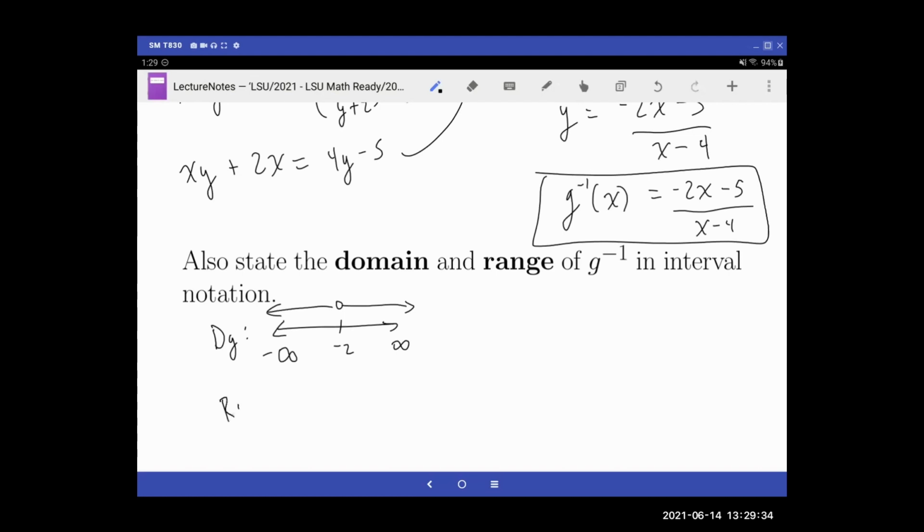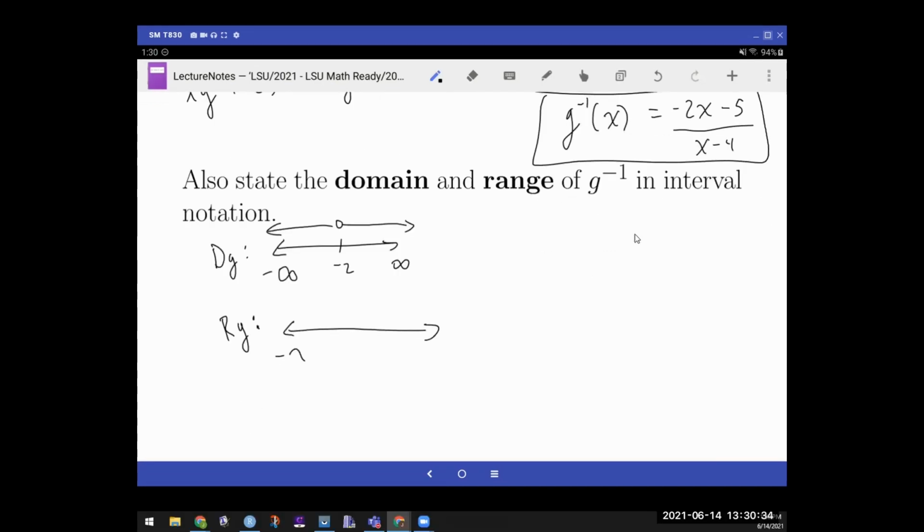And so the range would be negative infinity to 4, union 4 to positive infinity. Then the domain of the inverse and the range of the inverse, since you're switching out your x's and your y's, are just going to be these in reverse.